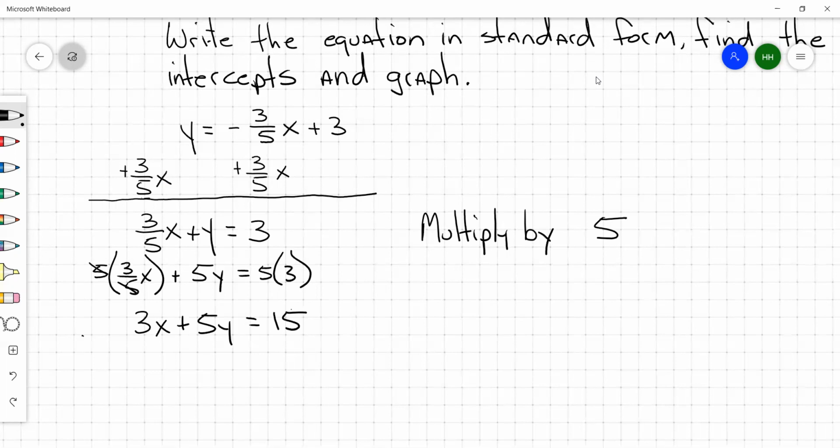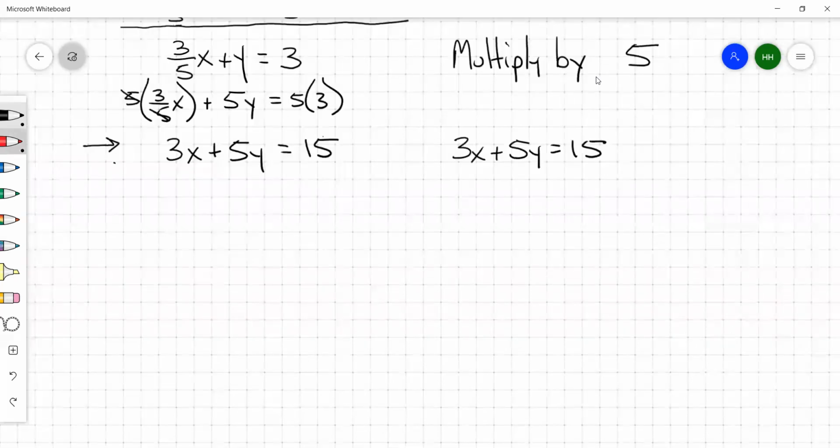So once it's in standard form, and we're going to find the intercepts, remember we're going to write it again. So we got 3x plus 5y equals 15. After you've written it twice, we're going to scratch out the y in one equation, and we're going to scratch out the x in the other equation. And then solve the two equations.